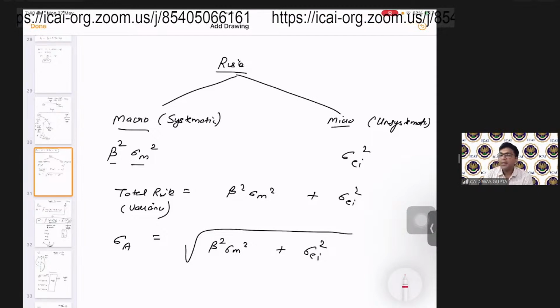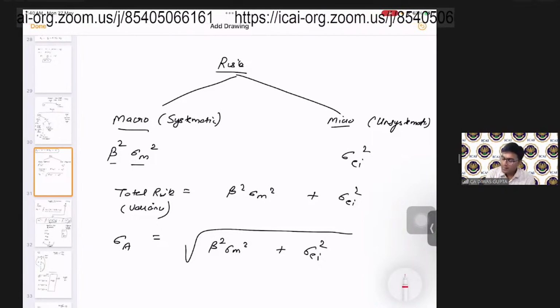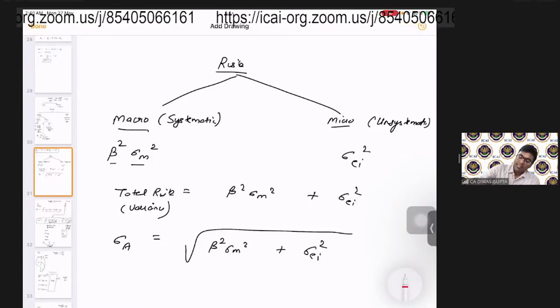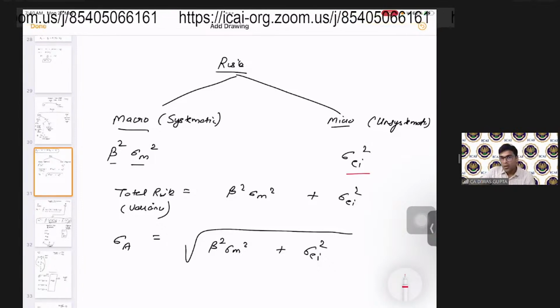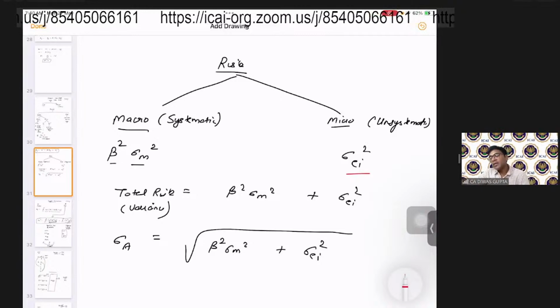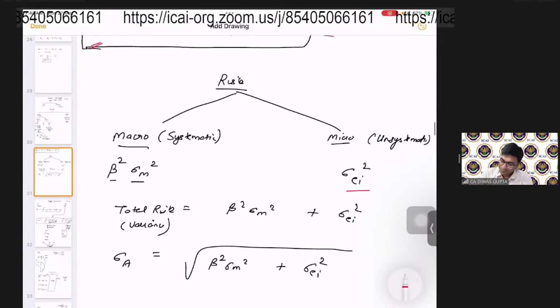And in case of a micro, the residual risk will be denoted by the standard deviation of e_i raised to the power 2, because in micro also there will be some risk element that is left.